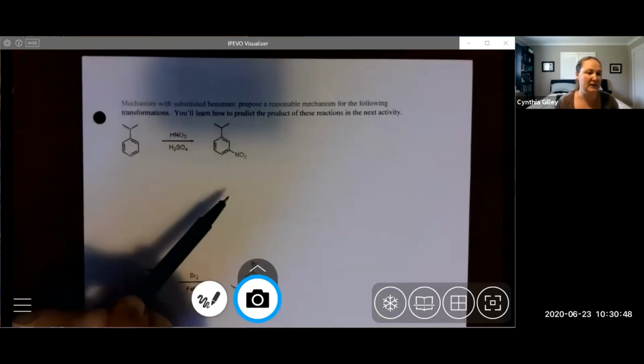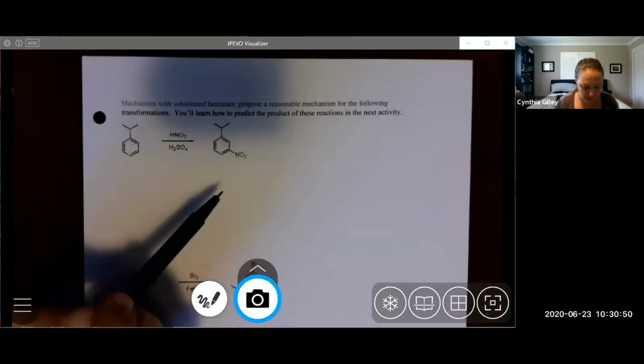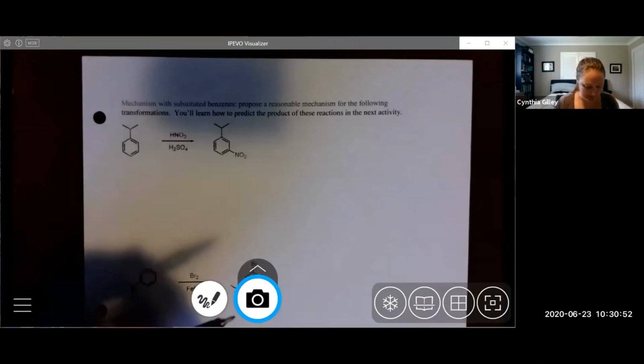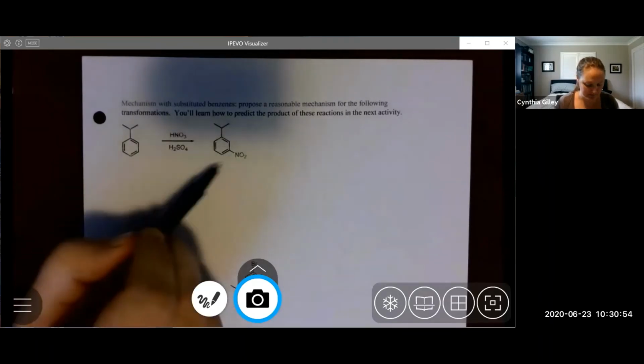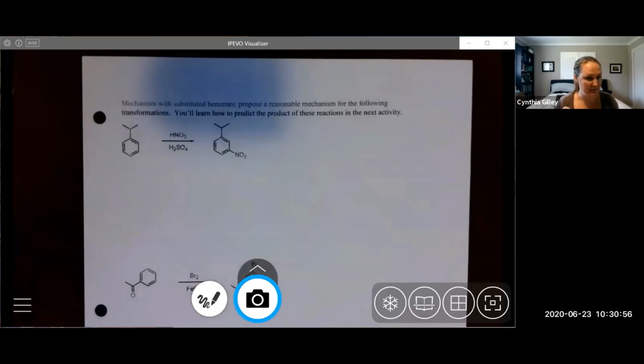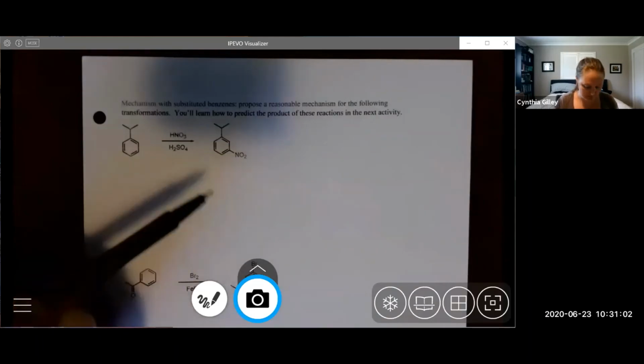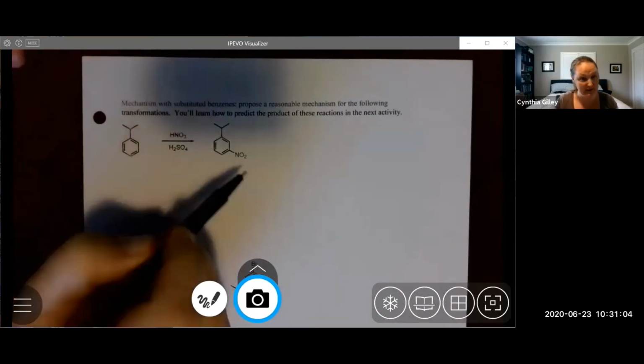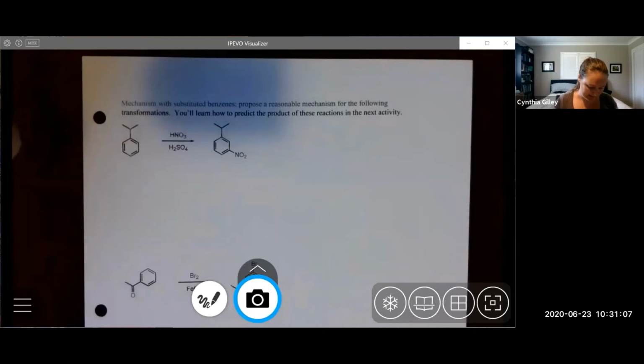It doesn't necessarily mean major product. So we're not going to be worried about that. We're just going to generate this through the same sort of mechanistic steps we've been showing. And then later on, we'll figure out how to know where does the nitro go. And it doesn't go here primarily, in fact.